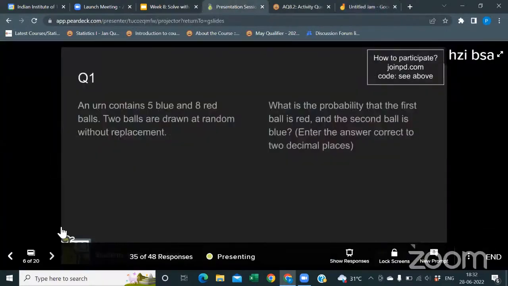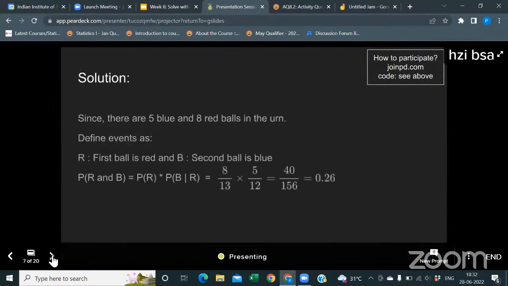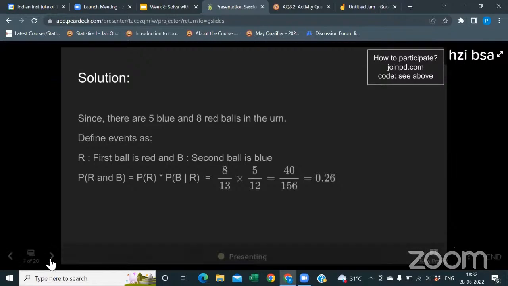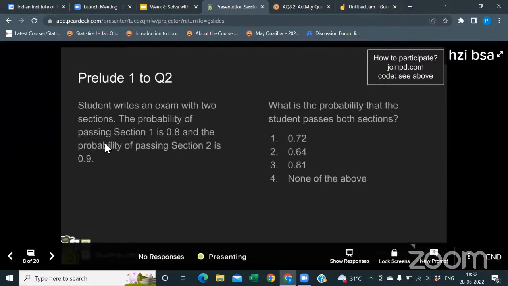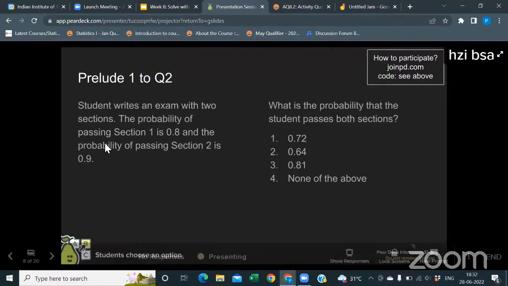Okay, let's move to the next slide. Yeah, that was the correct answer. So in this question, be careful about the concept of independence. That is the hint from my side.